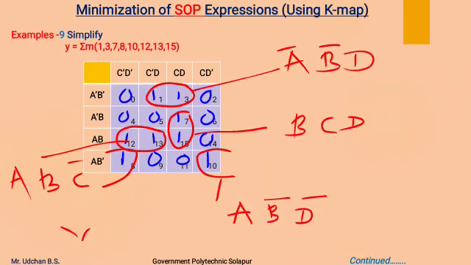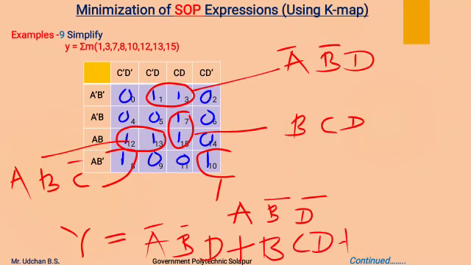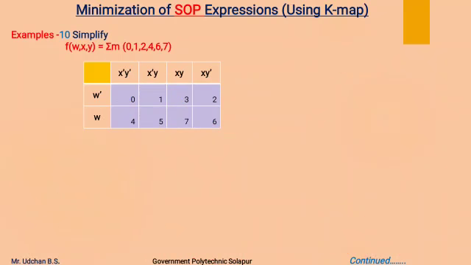So the end equation will be A bar B bar D plus B C D plus A B bar D bar plus A B C bar. Now we will solve next example. Function of wxy summation small m 0 1 2 4 6 7.